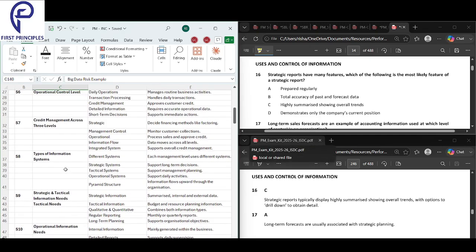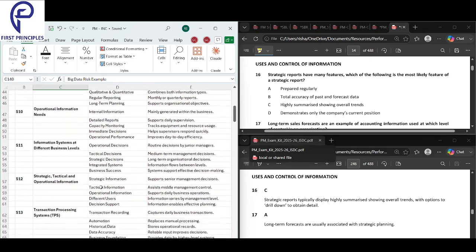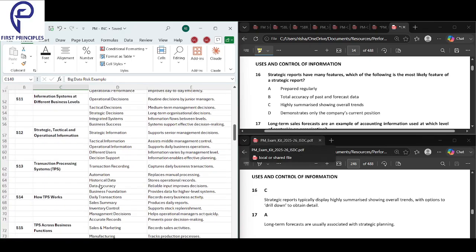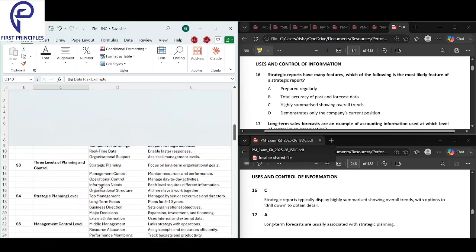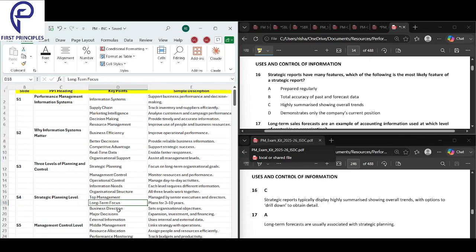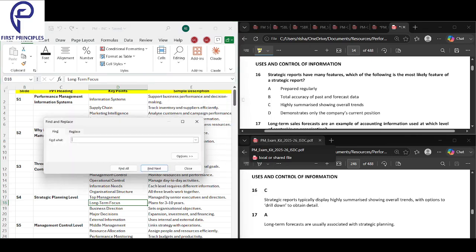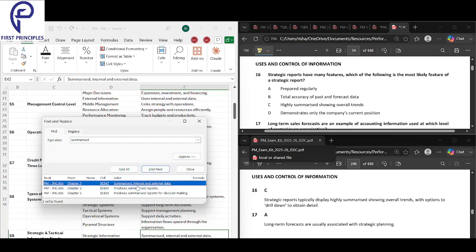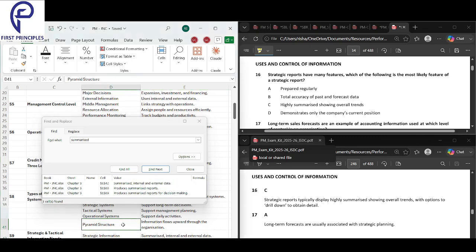Highly summarized. Now where do I find this? Strategic, highly summarized. Word search summarized, Control F. Yes, here it is.